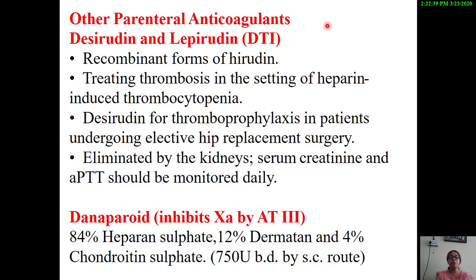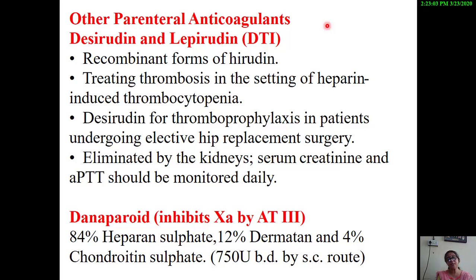And they are also used for treating thrombosis in the setting of heparin-induced thrombocytopenia. And desirudin has also been used for thromboprophylaxis in patients who have undergone hip replacement surgery. So this is one thing which makes desirudin different from lepirudin or bivalirudin.